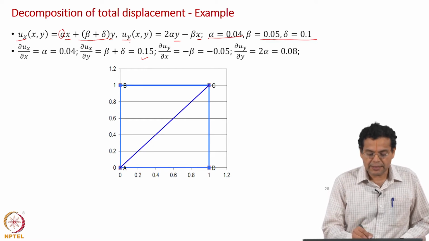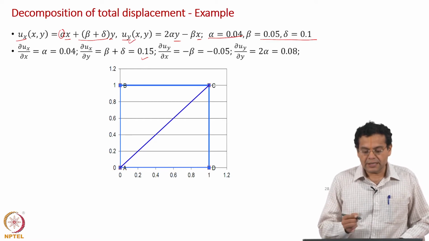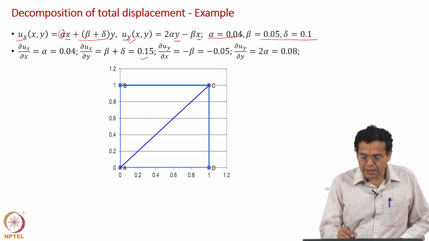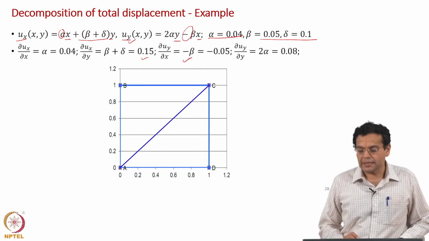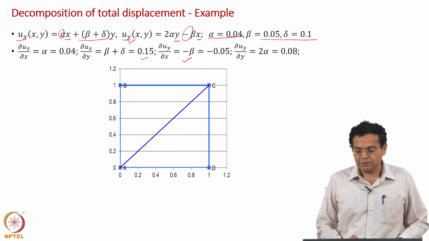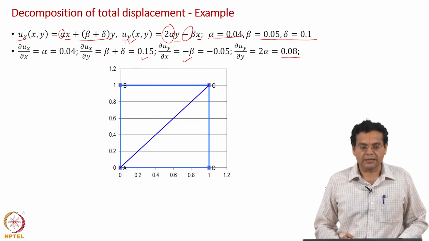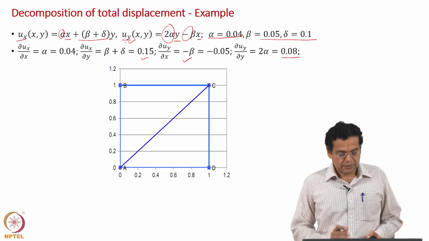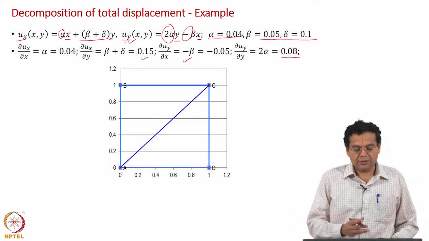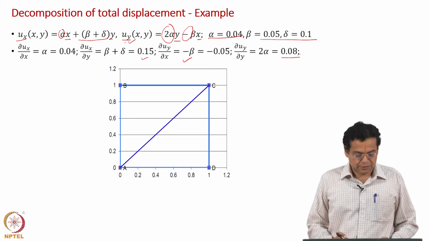Next, take the y component, differentiate that with respect to x, you get minus beta and that is minus 0.05. Take u y, differentiate with respect to y, you get 2 alpha which is 0.08. So, this we will keep handy so that we can use it as we go along.